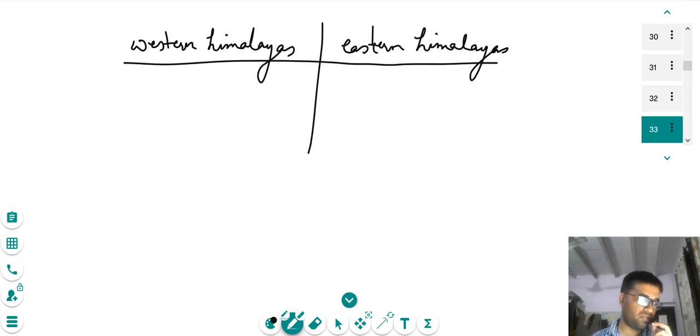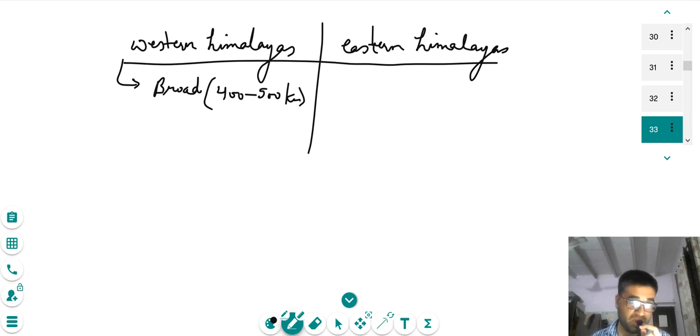So the Western Himalayas are broad, right? Their width extends from 400 to 500 kilometers. The Eastern Himalayas are narrow. Their width extends from 50 kilometers to 100 kilometers.